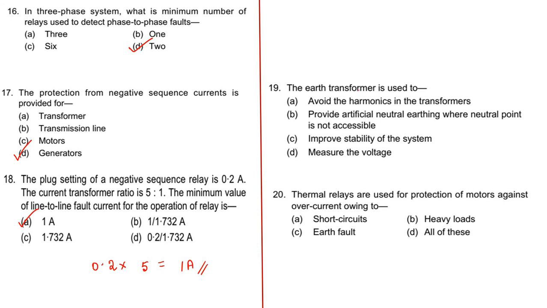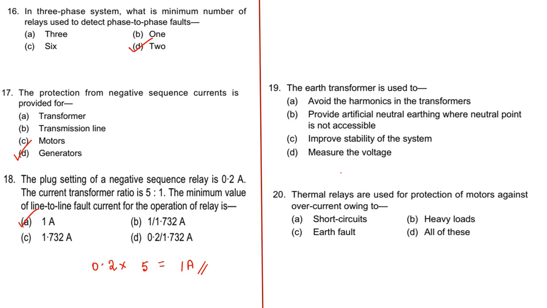Question 19. The earth transformer is used to: A, avoid the harmonics in the transformers; B, provide artificial neutral earthing where the neutral point is not accessible; C, improve stability of the system; D, measure the voltage.